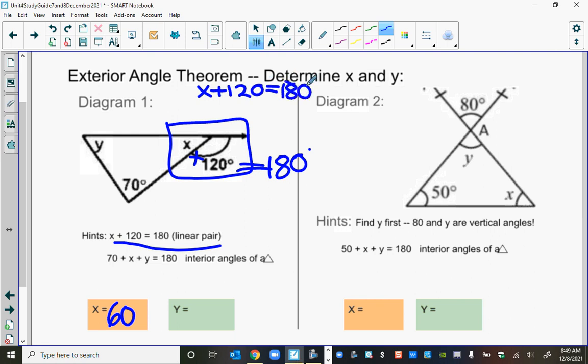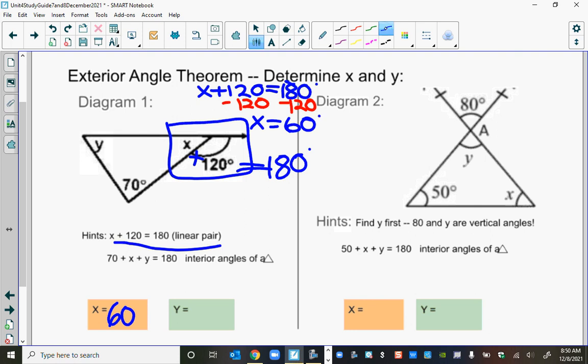All right, I want you all to try to find the other one real quick. Find the Y value. Again, all your algebra rules are going to be coming into play. The good news is, we have the 70.